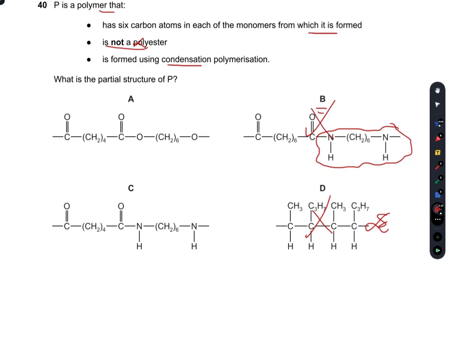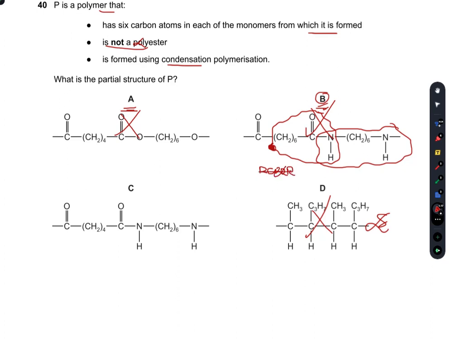No, I'm not sure about B. A is a fatty acid, so A is incorrect. In B and C, you can see that this is the monomer unit, I guess, and this monomer unit here is not a polyester, RCOOR.